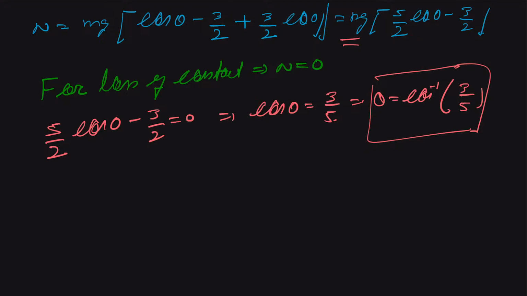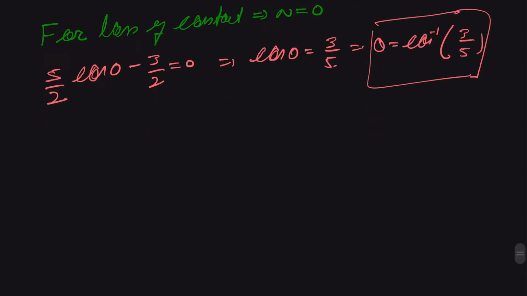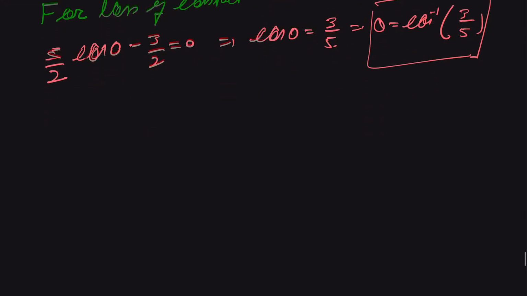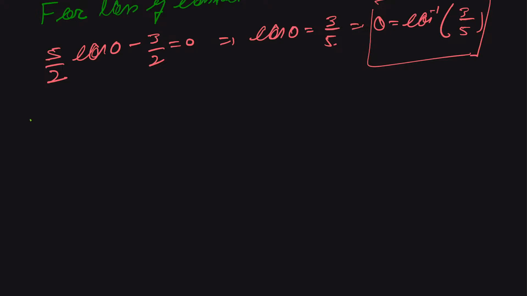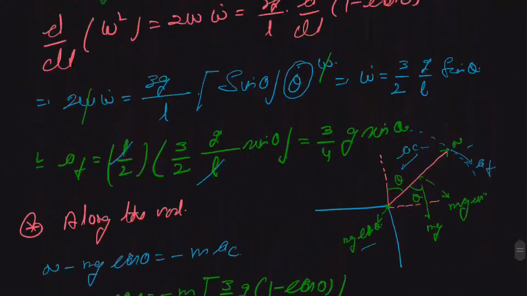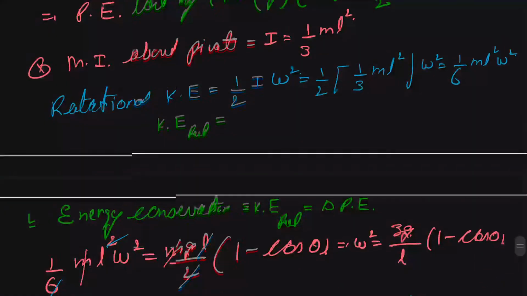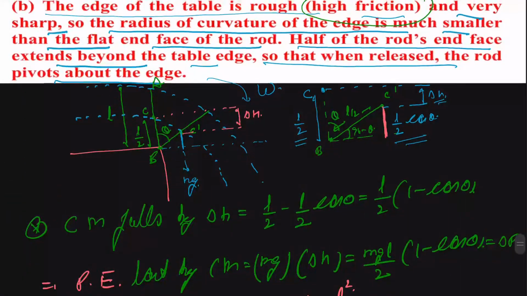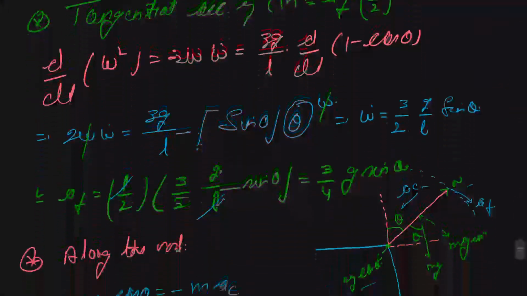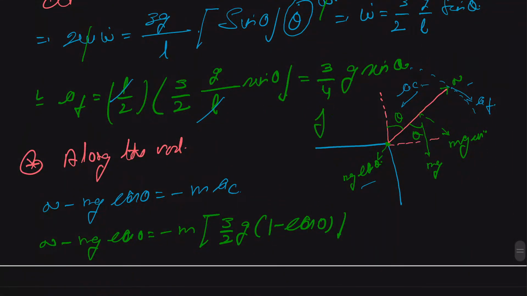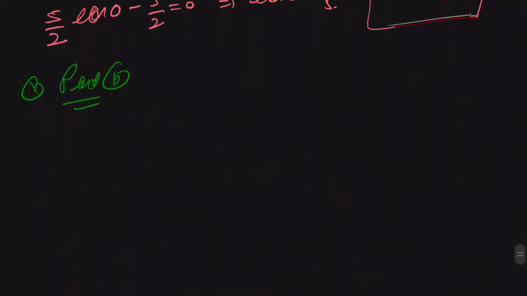Okay. Now we come to the second part, when friction is present basically. So we have our part B, and in part A we made the discussion where friction is approximately equal to 0.